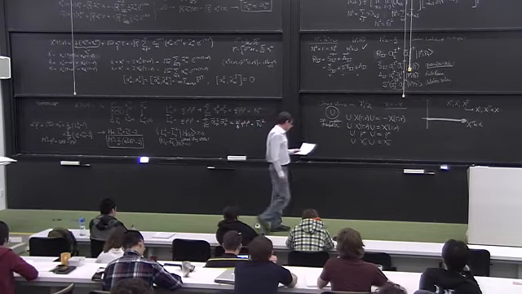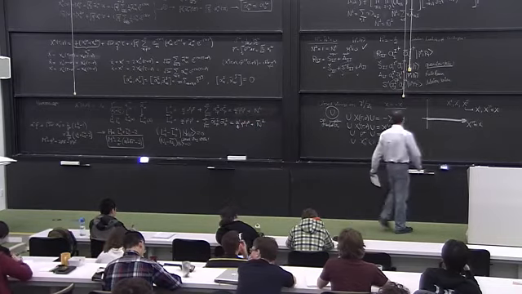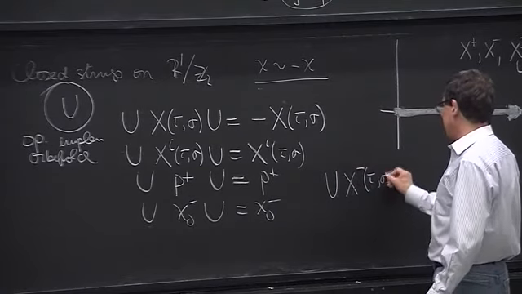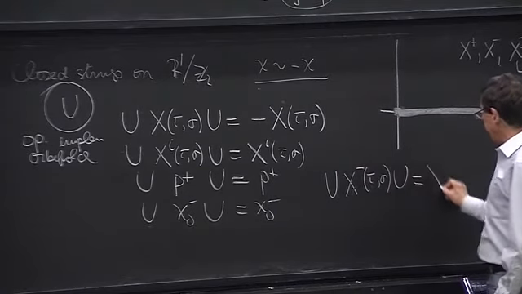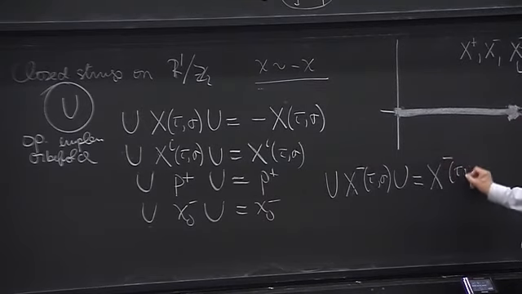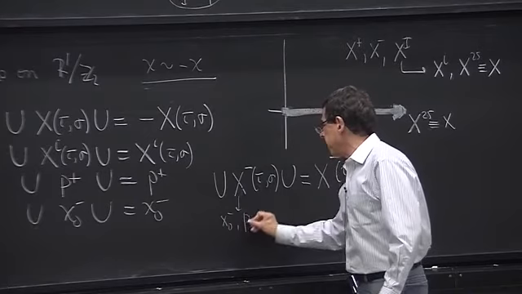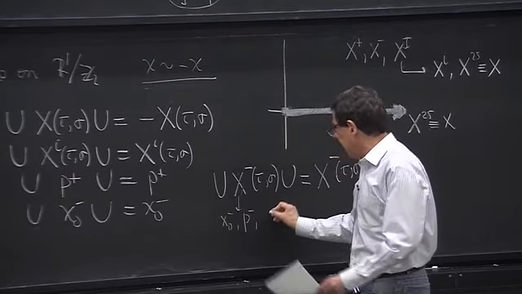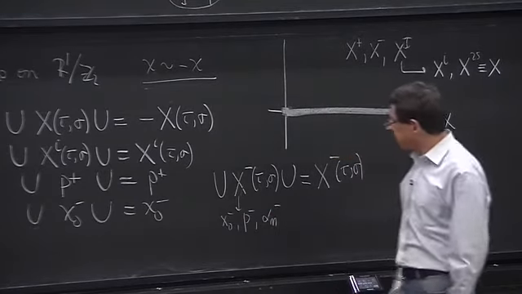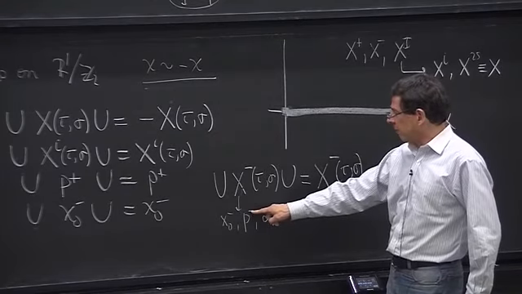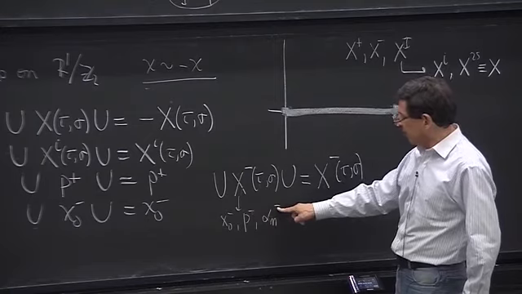And the reason is that U acting on x minus of tau and sigma, we claim, is x minus of tau and sigma. It's because x minus is determined by x0 minus, p minus, and the alpha n minuses. P minus is related to L0, which is a Virasoro, and alpha n minus is a Virasoro.